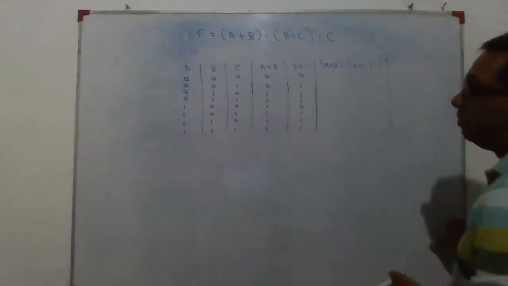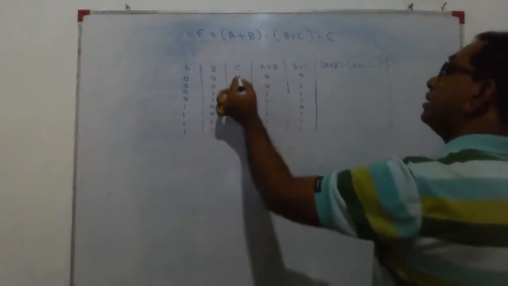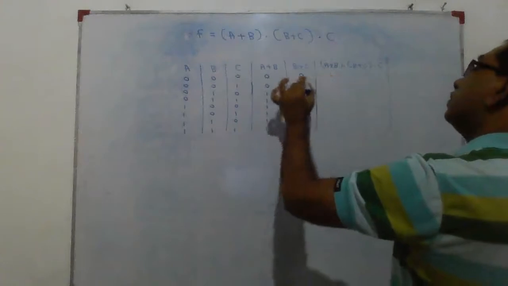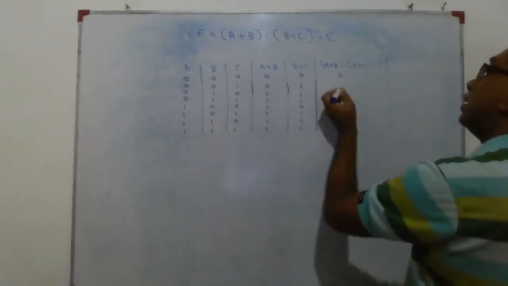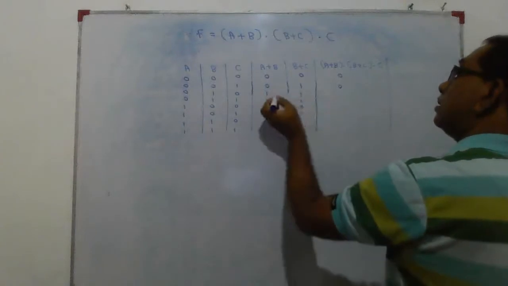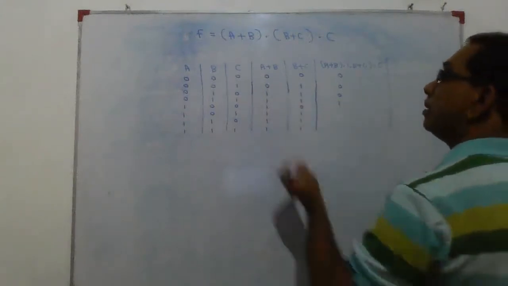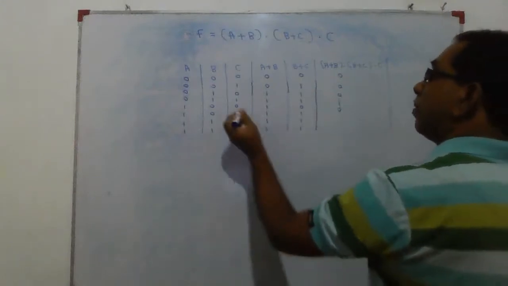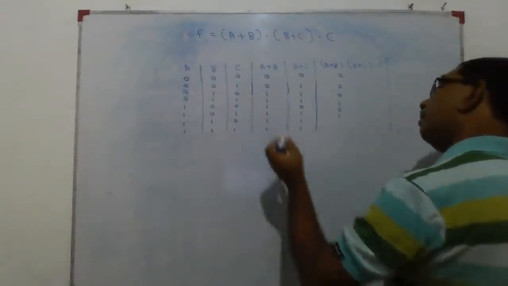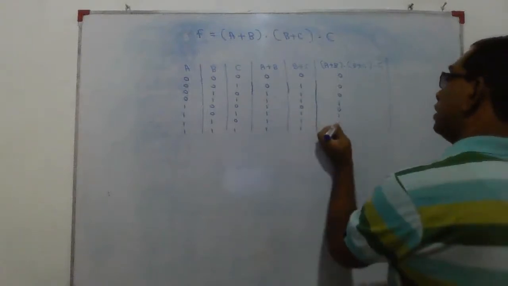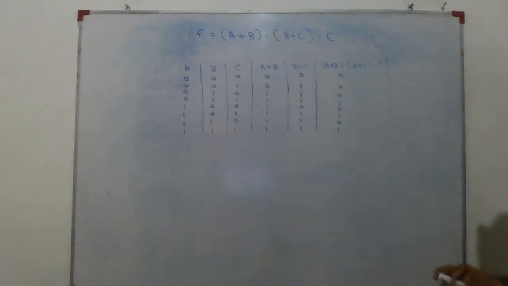Now we have A OR B here, B OR C here, and C. So we check 0 into 0 into 0, so 0. 0, 1 into 0, 0; 0 into 1, 0; 1 into 1, 1; and then 1 into 1, 1. So we have taken the outcome here.